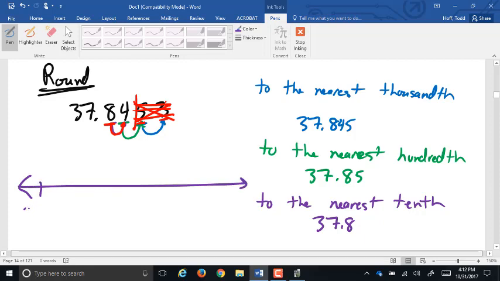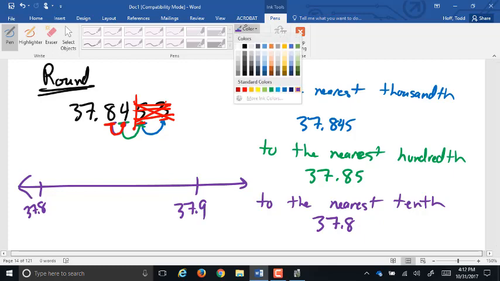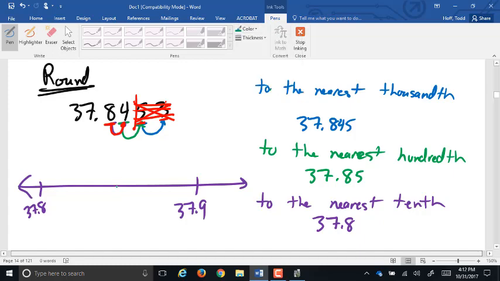And this number line is only numbered in tenths. So 37.8 and 37.9, exactly in the middle of this would be 37.85, right?